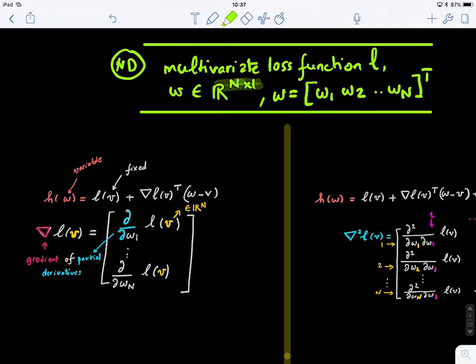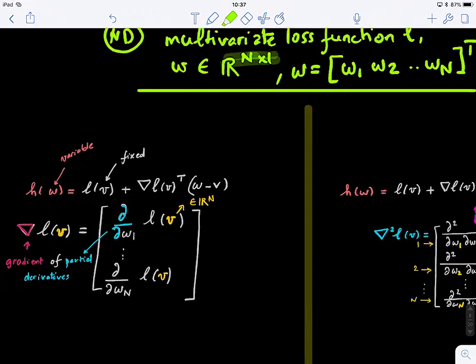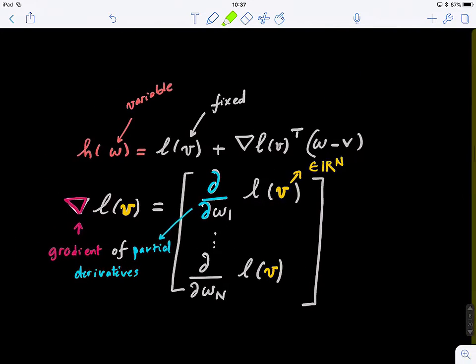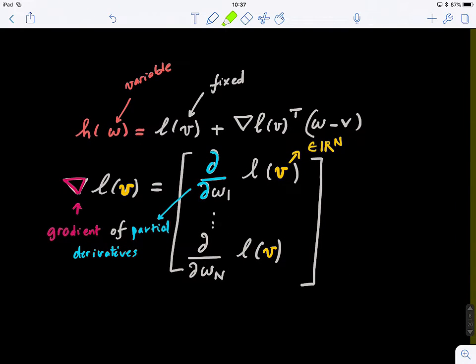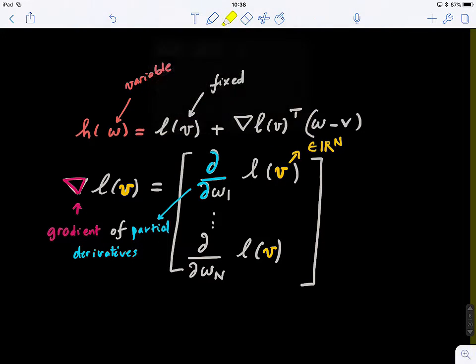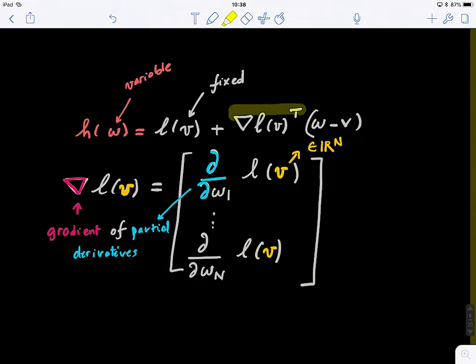So R^n times 1 is just a vector, okay? So the local approximation function, the first order approximation function h of W, it's just the same formula, except that we are replacing the first derivative with the gradient vector. Okay, so in this case everything turns out to be vectors or matrices because we're not operating on points anymore.